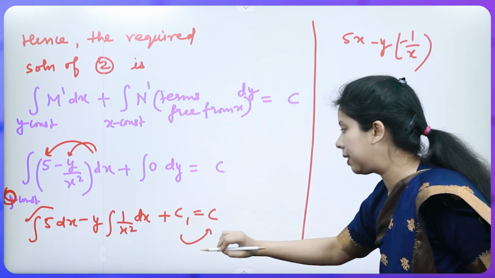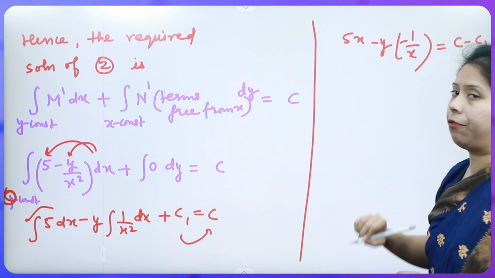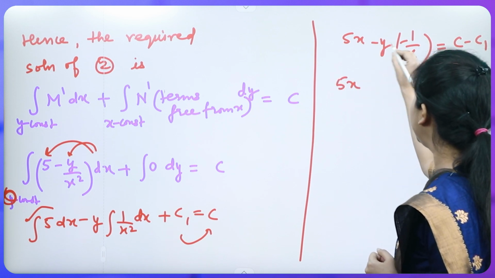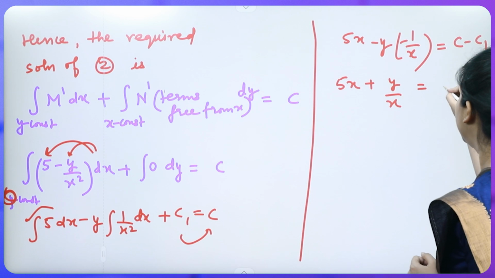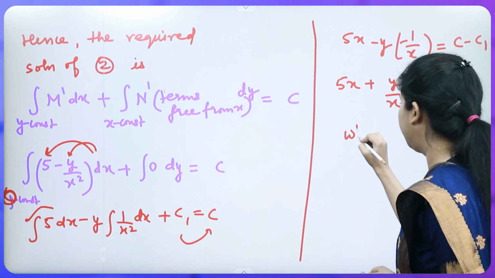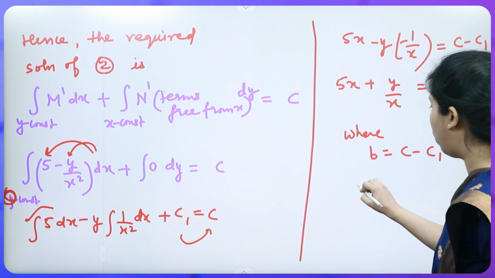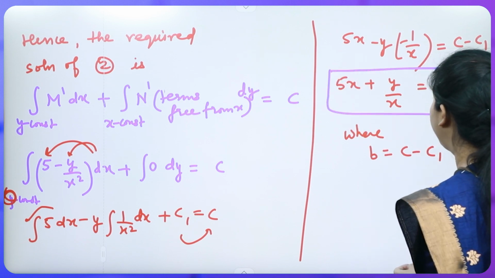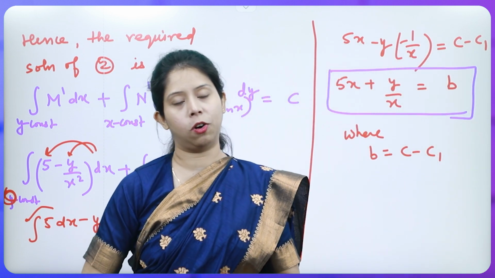We can shift this c1 to the right hand side and we will have c minus c1. The difference of two constants can be replaced with another constant. So 5x, minus and minus will become plus, we have y by x is equal to b, where b is equal to c minus c1. So this is the required solution for the given differential equation: 5x plus y by x is equal to b, where b is the constant of integration.